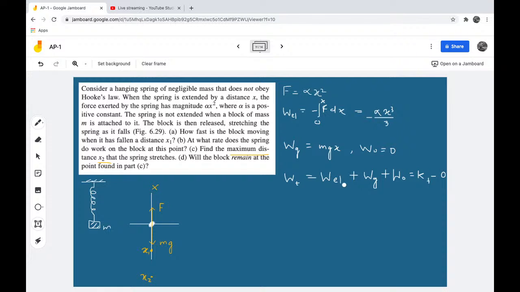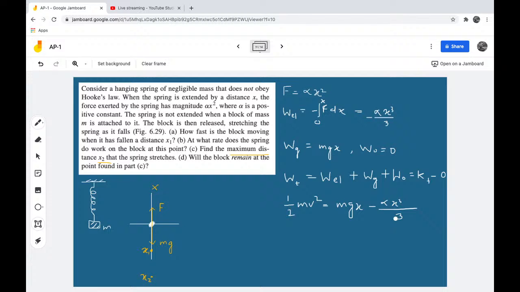System was at rest. So kinetic energy final is nothing but half mv square, which equals mgx minus alpha x cube by 3.